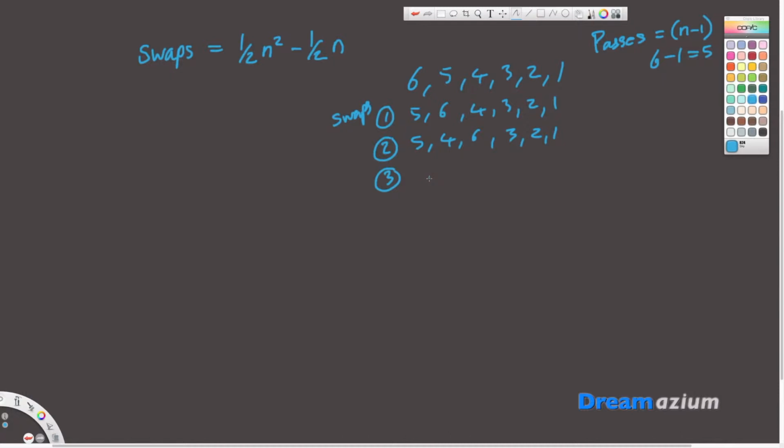And then we have a third swap. The 6 and a 3 swap round. And then we have a fourth swap. And then we have a fifth swap.